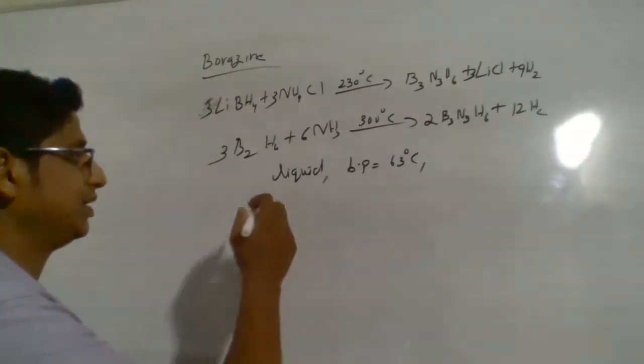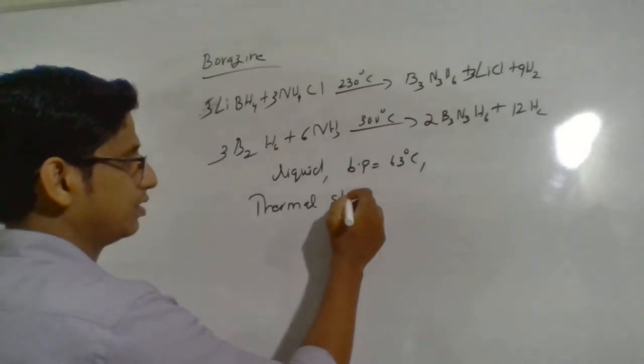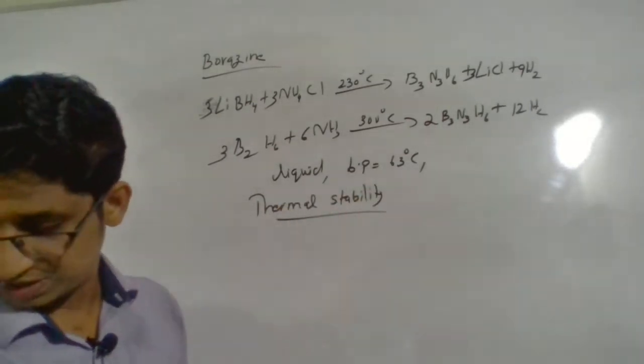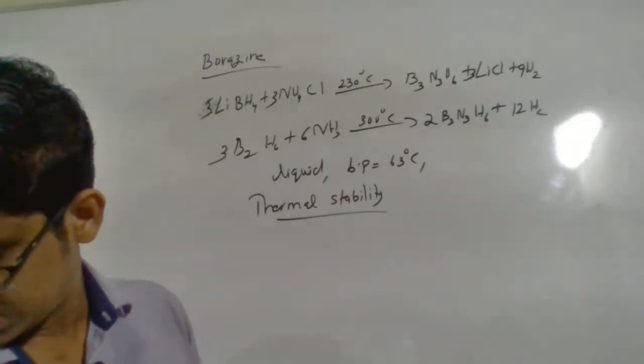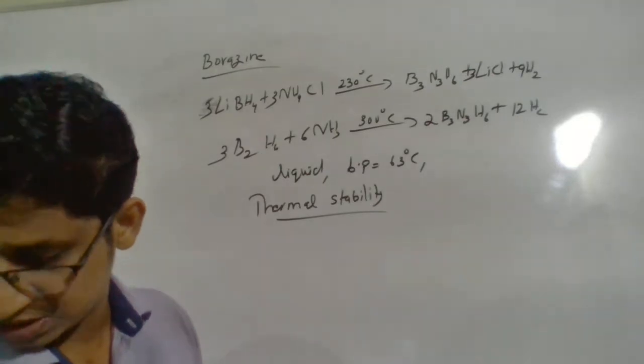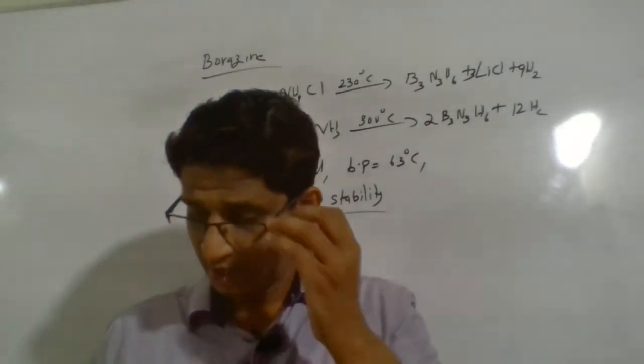Talk about thermal stability. It's not that stable. When Borazine is heated to a higher temperature, you will see diborane and hydrogen formed. That is the first point you can remember.